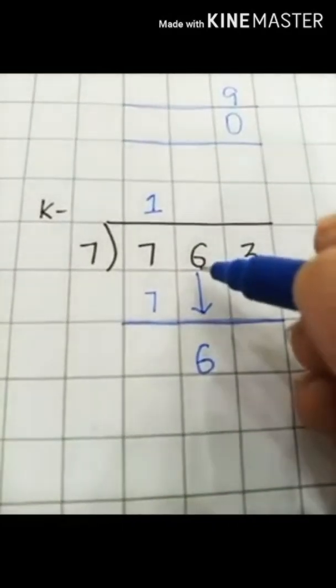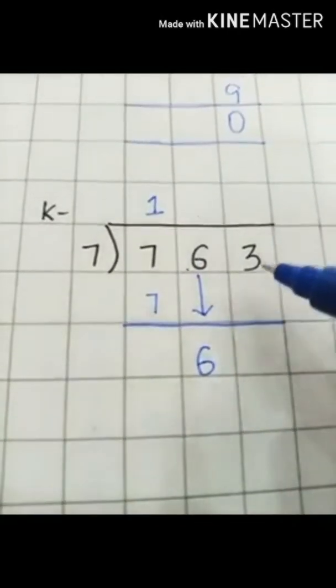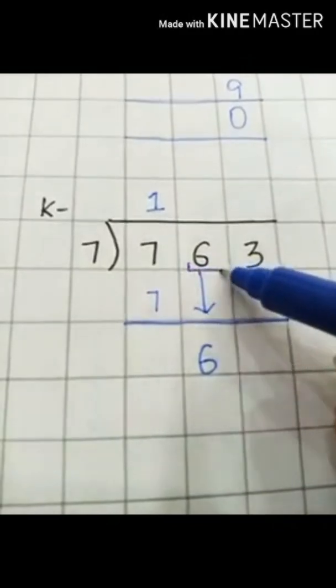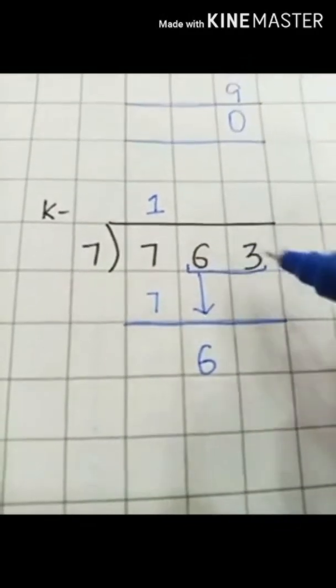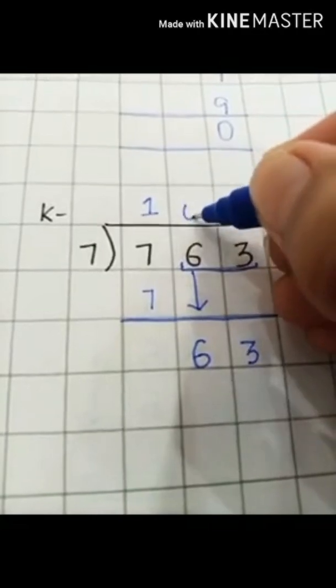I will have to take the other digit down, or we can solve it just like this. So students, this 6 is smaller than my divisor. I have to take this 3 down with this. I am taking the 2 digits down, and you know that when we take the 2 digits down as it is, then we write a 0 here.